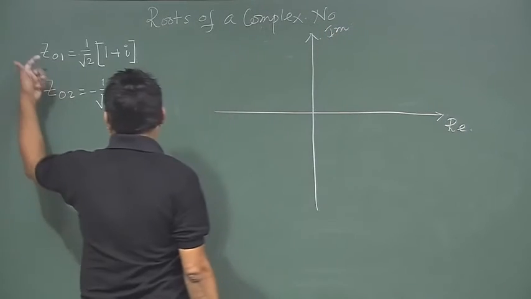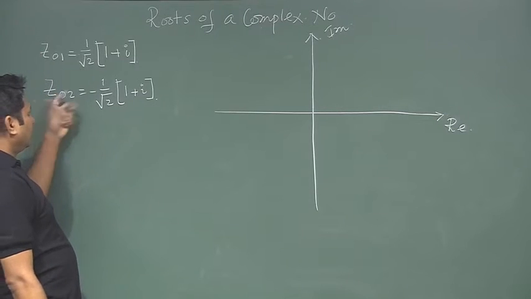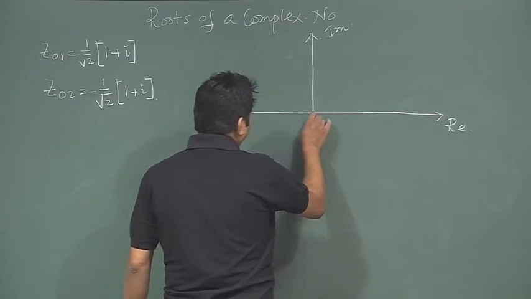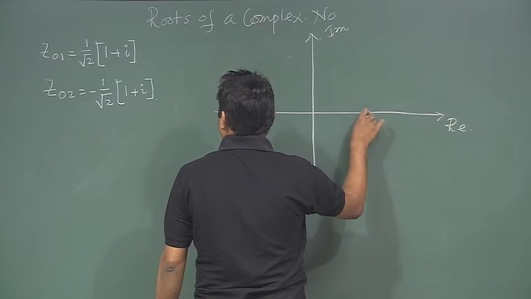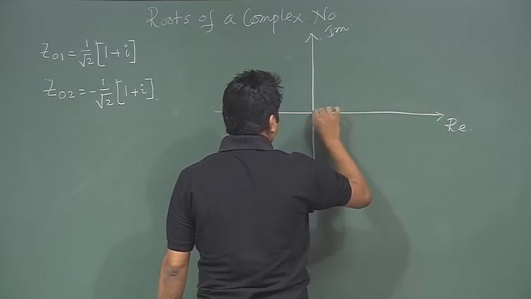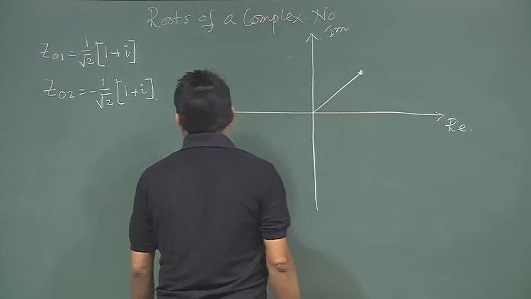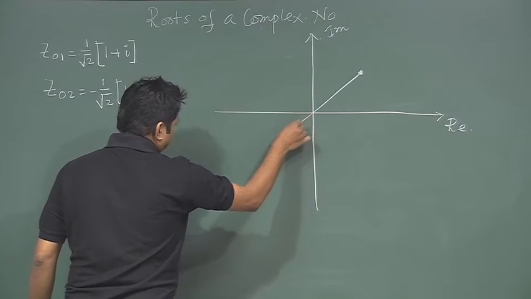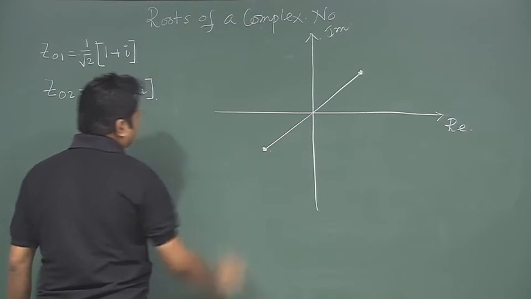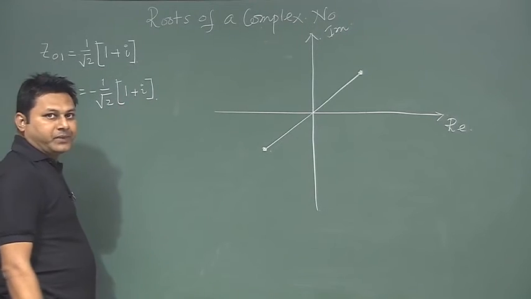I need to find out the location of z01, root 1, and z02, root 2, in the complex plane, and I find that this is 1 by root 2 and this is 1 by root 2. So, one point is here and another point is somewhere opposite, with a magnitude of 1, with a magnitude of 1.